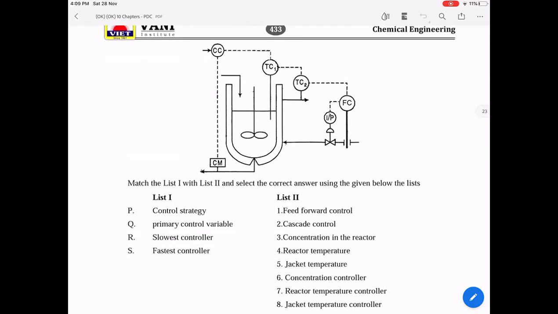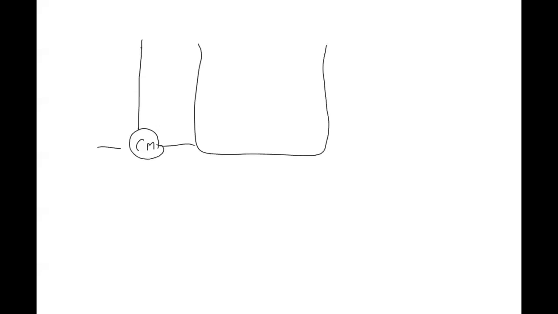So here, let us solve this question. What is the control strategy? You are measuring the concentration. The concentration controller gives set point to TC1.